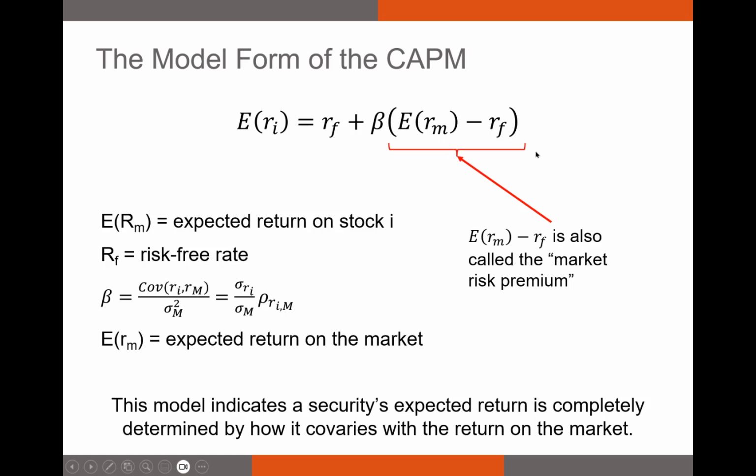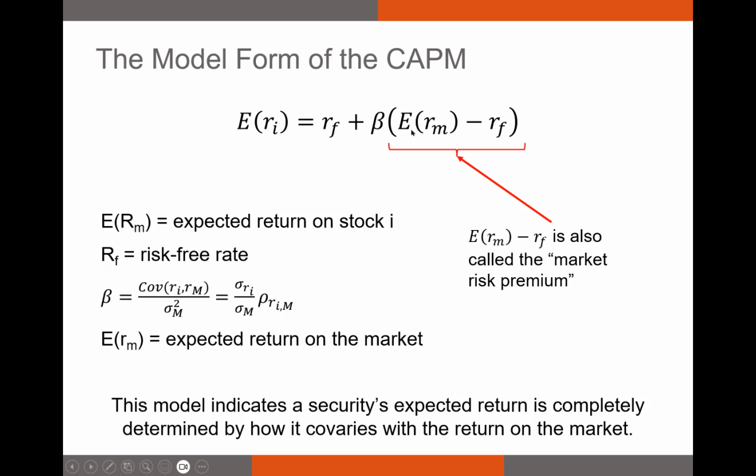Now, I'm going to say it about as many times as I can before you have your exam on this topic, but easily the thing that trips the most students up in this class is understanding the difference between the market return and the market risk premium. Inevitably, half the students in this class will miss this question on the exam. Don't let it be you.